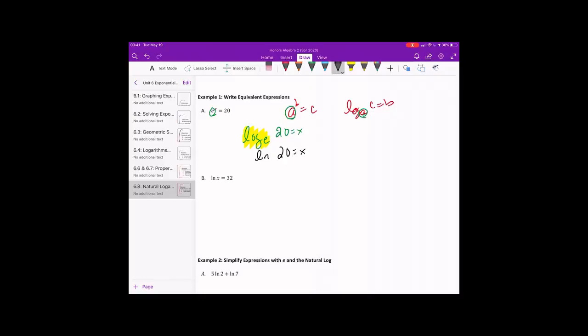So we're going to convert this over. This is log base e of x is equal to 32. And remember what goes where. So e to the 32nd power is equal to our x, because this is the base of the exponential, this is our power, and this is what the exponential is equal to.